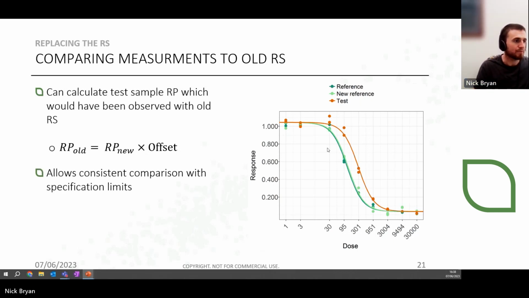So using this offset value allows us to consistently compare against the specification limits that were established when our old reference standard was in place.